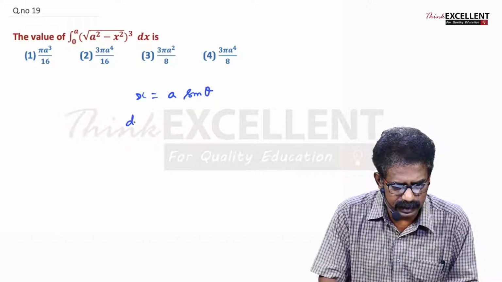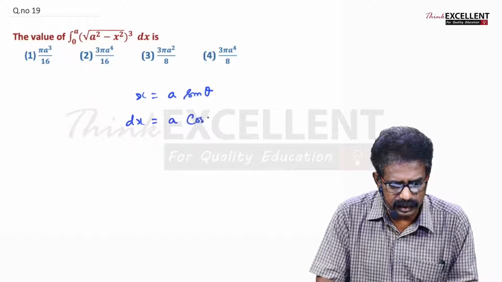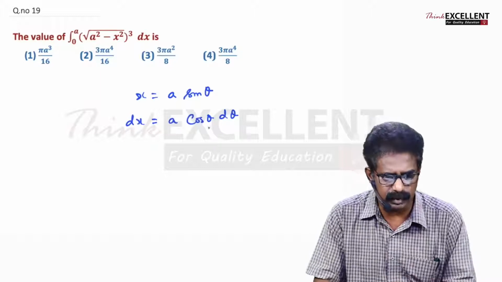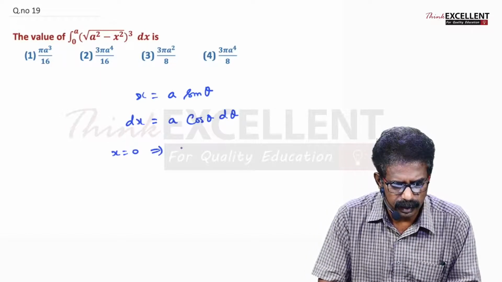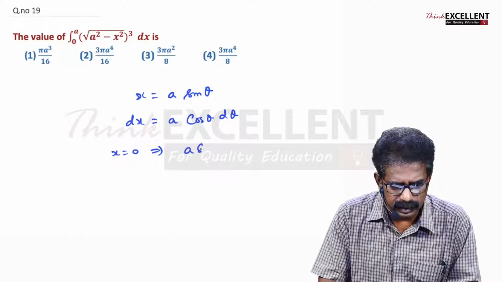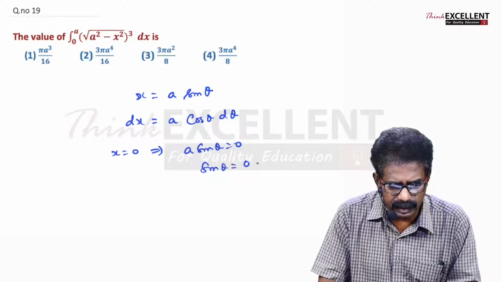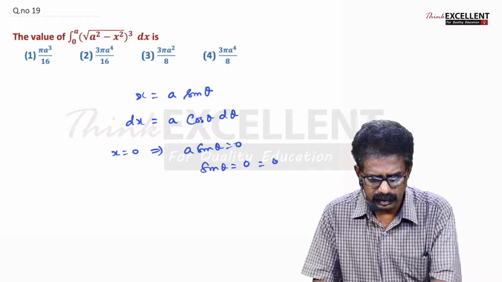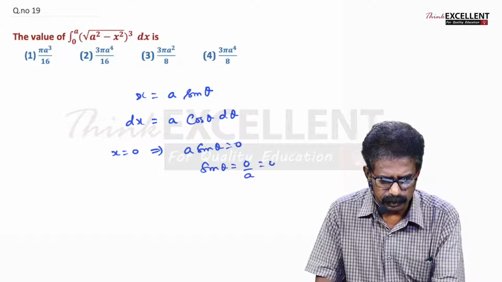So what is dx? dx is equal to a into the derivative of sin theta, cos theta d theta. Theta or t, whatever you want to give. When x equal to 0, a sin theta is 0. So sin theta is 0 by a, it is 0 only, right? So theta is 0.